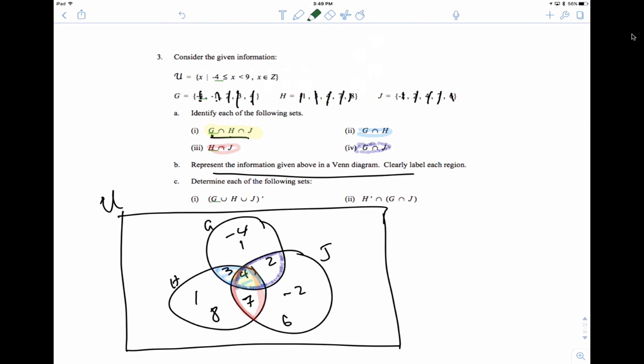Now I'm going to do determine union. G, well, it's not union, it's the complement of the union, so it's all 3 of them. But in fact, not all 3 of them.